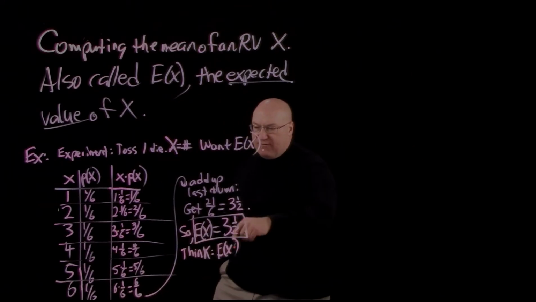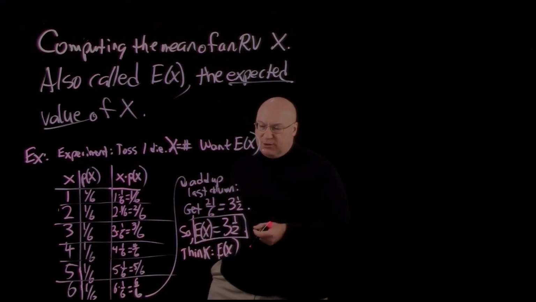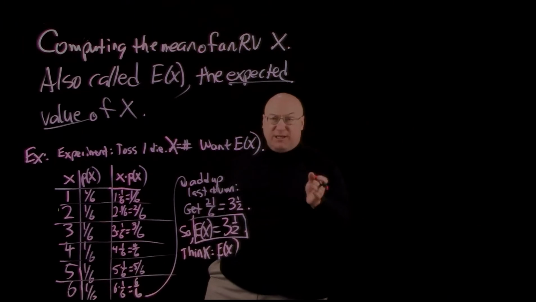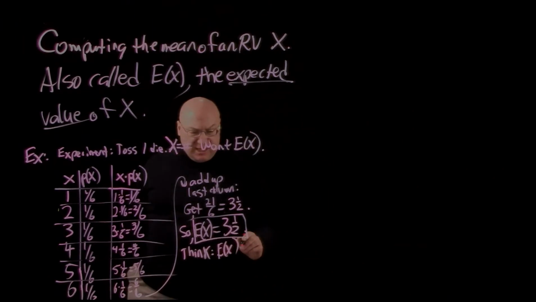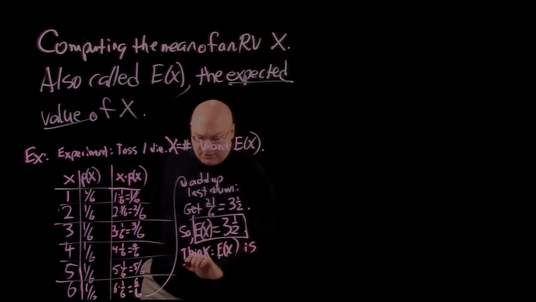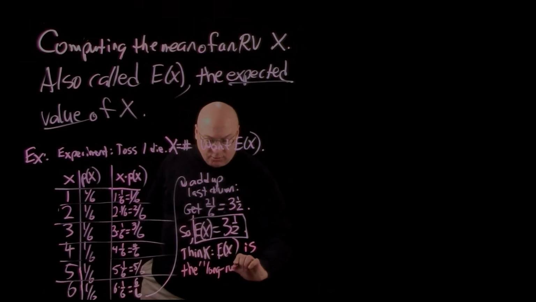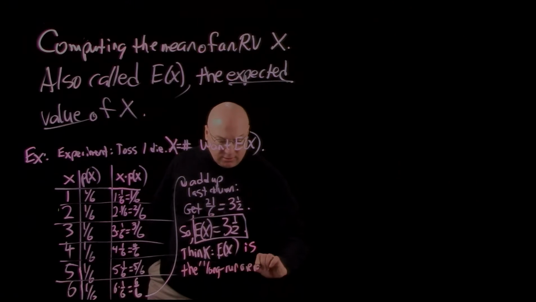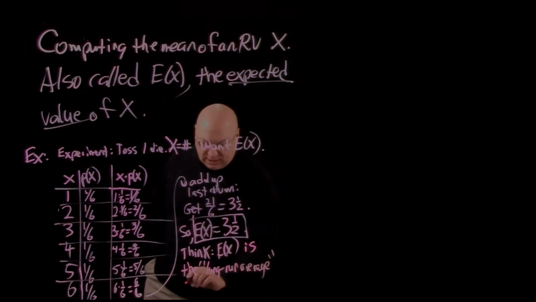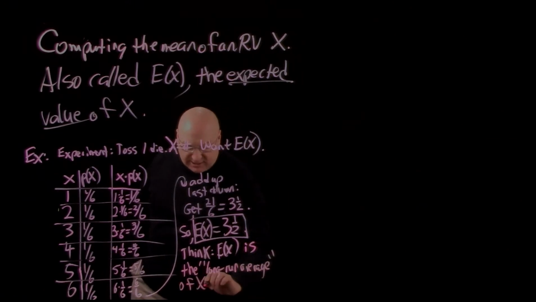This value that we have here isn't something you'd ever expect to get in a single toss, but the way to think about the expected value of x is to think of it as what I like to call the long run average, or long run mean, of x.